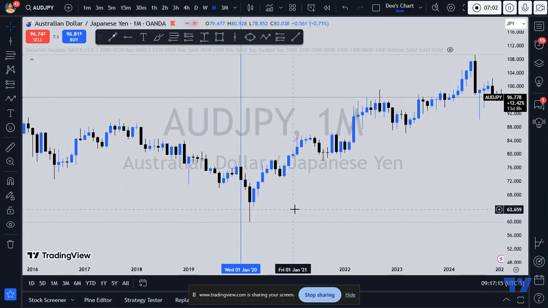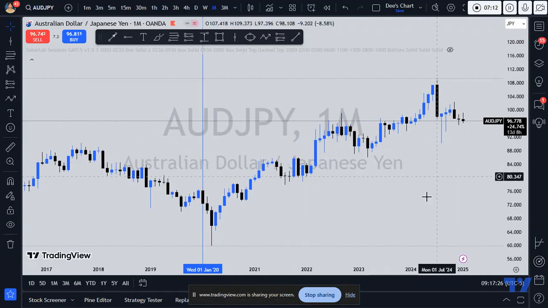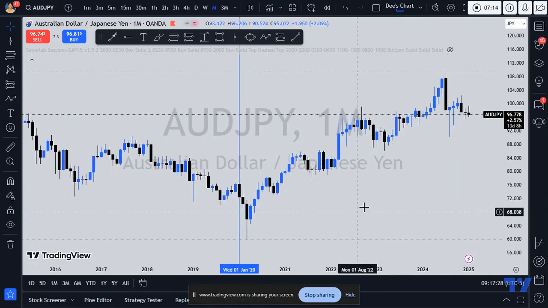So as you can see, we've got this higher high, higher low, higher high, actually relative equal highs. Then we have this pullback, this higher high, higher low. As you go down the time frames, these candles will become more. So I advise you to stick to a time frame where you can see a proper display of market structure.